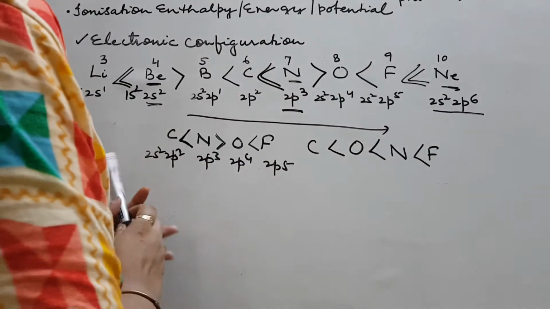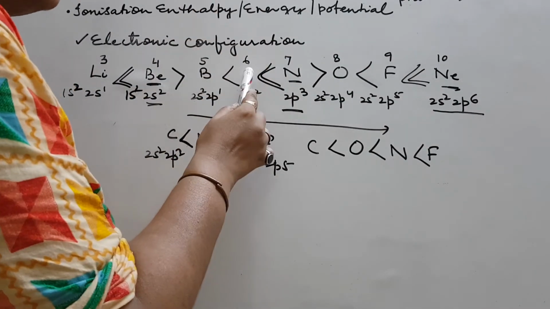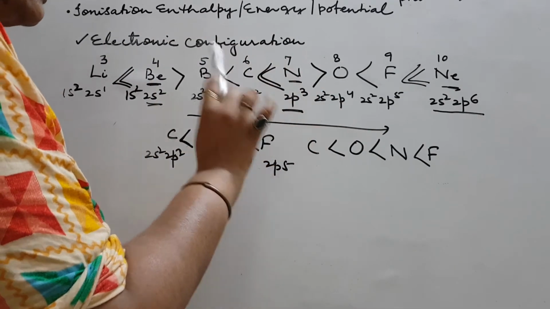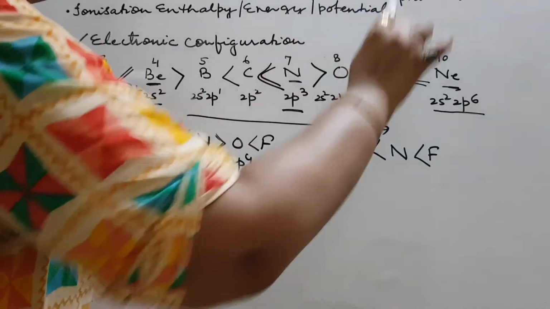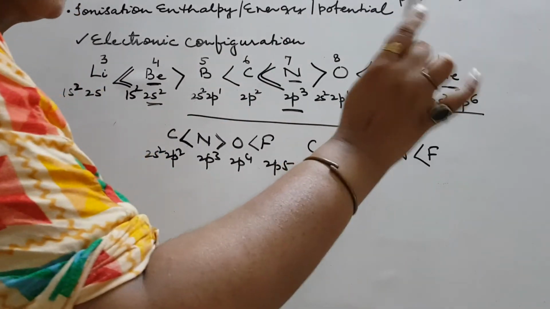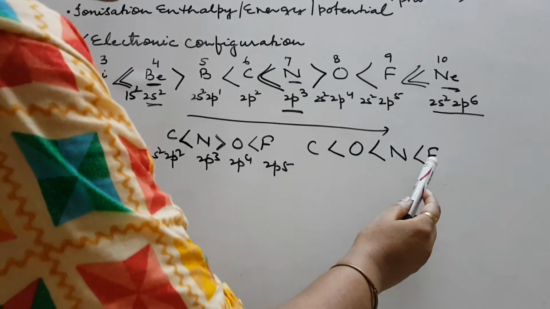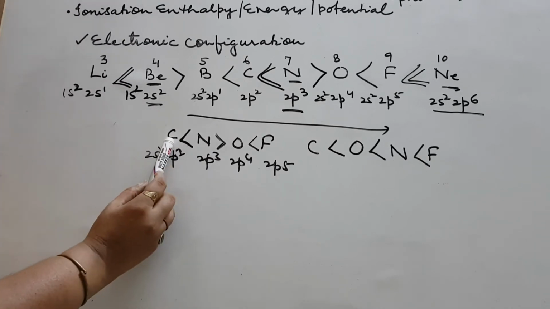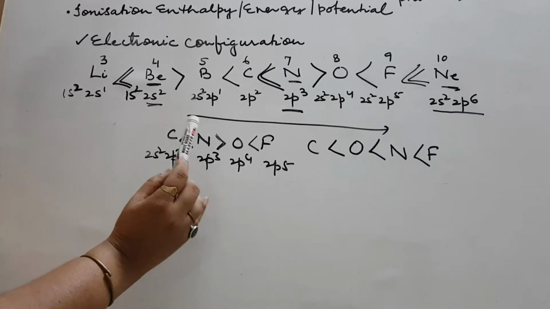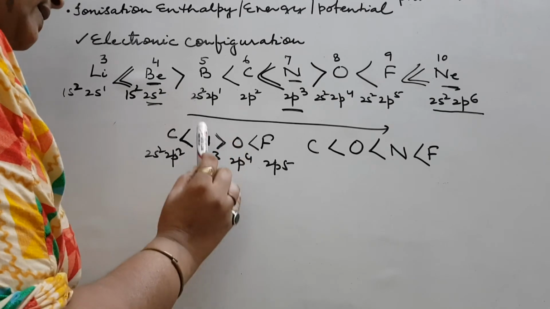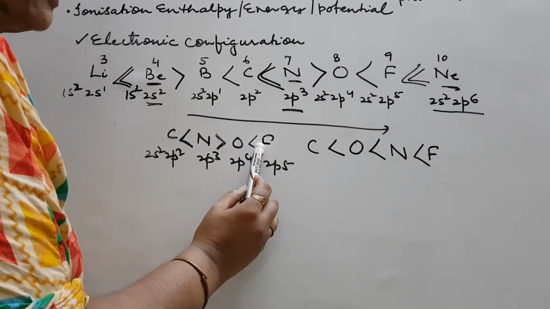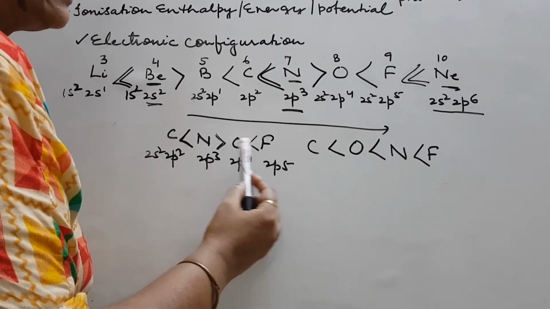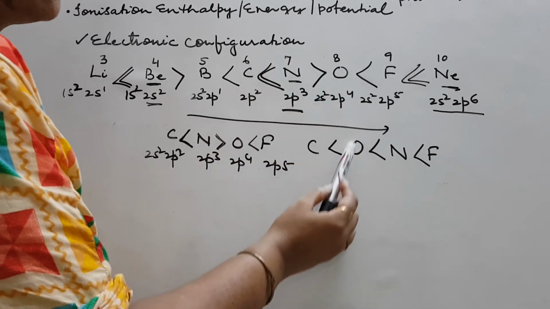But not that beryllium will have higher at any point of time than carbon or oxygen, no. Nitrogen will have a value higher than carbon, understood, or O, understood, but not higher than F, no. So highest will be for F, then it will be N, then O, then C. You see here, out of C and N, N had higher, out of N and O, N had higher, but out of O and F, it was F. So F comes on top, then number 2 nitrogen, number 3 oxygen, then carbon.